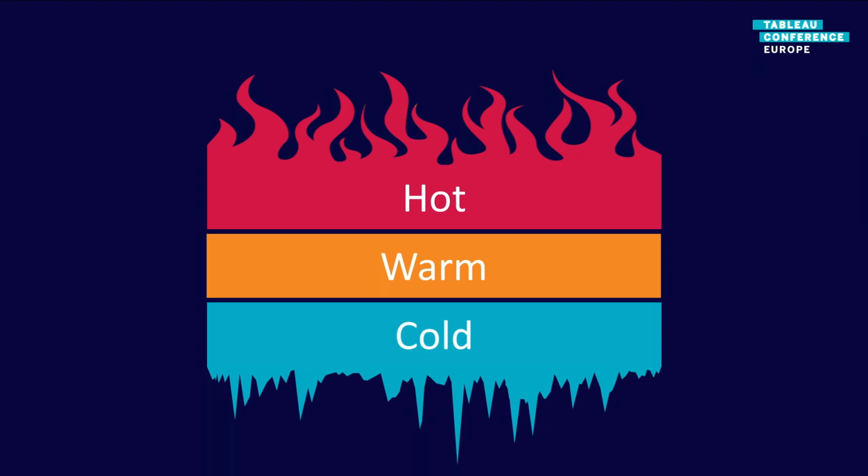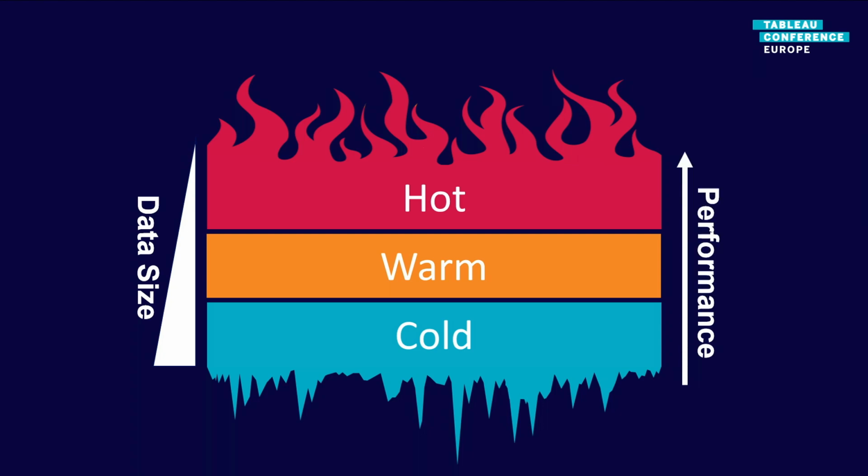And then when we see value in the data, we move it up further into higher levels, into the warm layer, where it's a bit faster, a bit more aggregated usually, and then the hot layer, where it's in a fast database, further aggregated. So we see the data size typically goes down as you go further up, and the performance increases as well. So hot being the fastest.